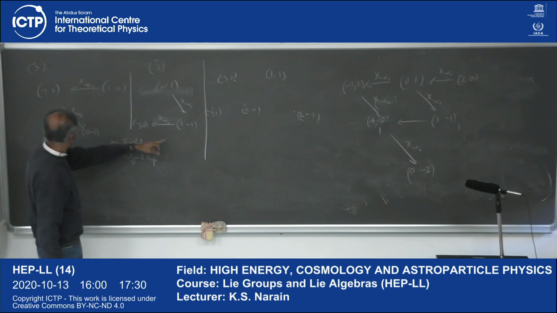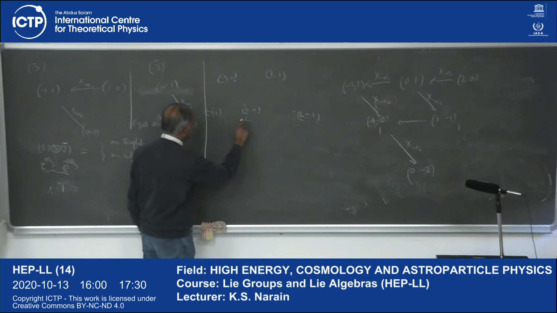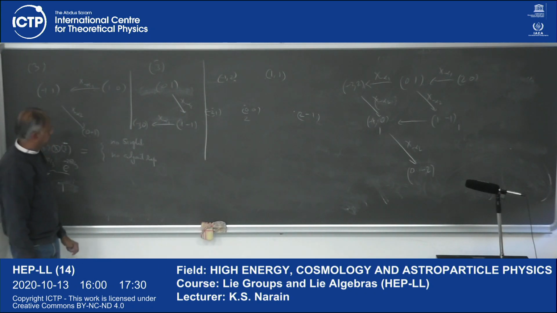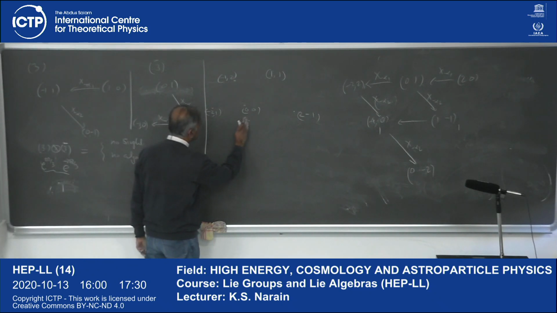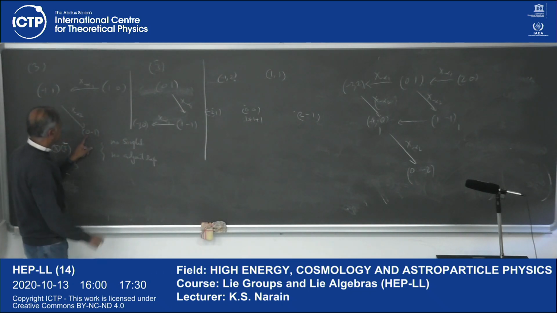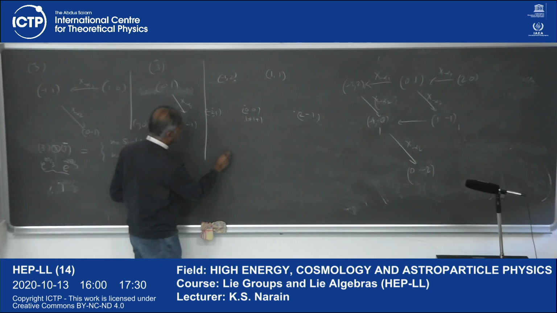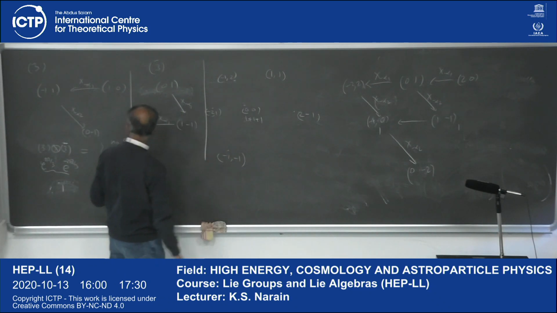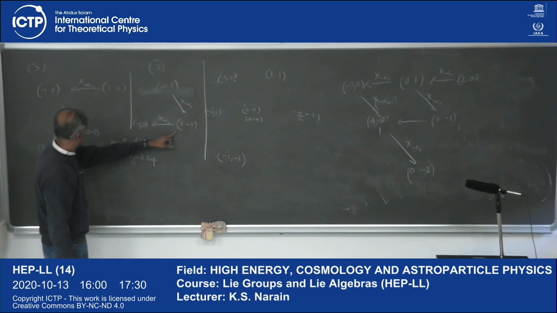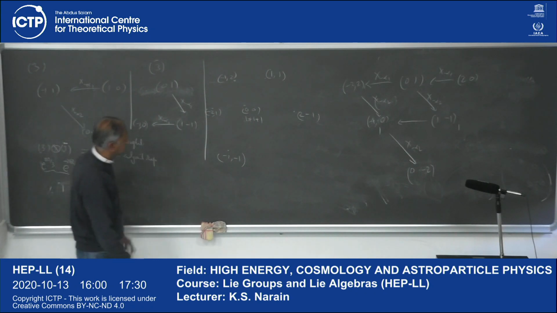And finally this with that gives you 0, 0. So there is a multiplicity 2 here. Finally the last one, this with that gives you again 0, 0. So there is a multiplicity 3 here. So there is 1 plus 1 plus 1, right? 3 states here. Then this with this gives you minus 1, minus 1. So it's here. And finally this with that gives you 1, minus 2.